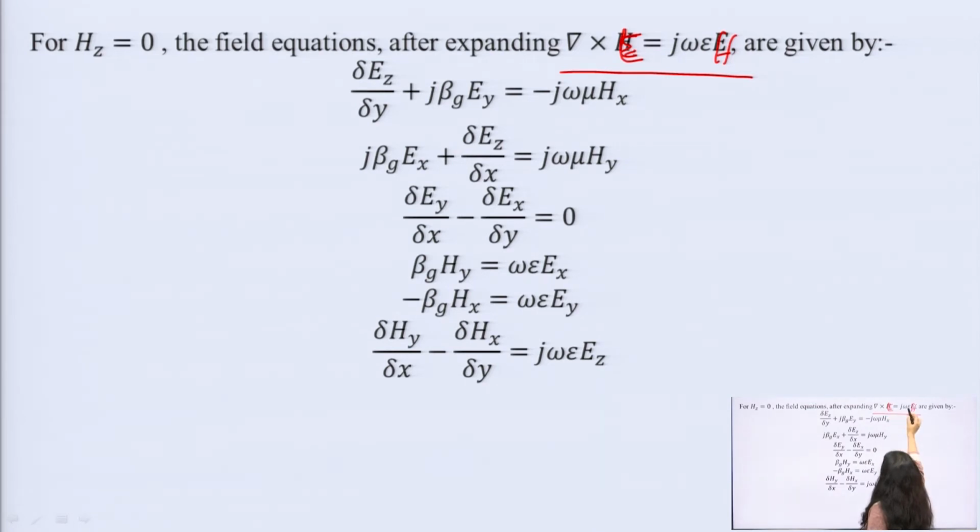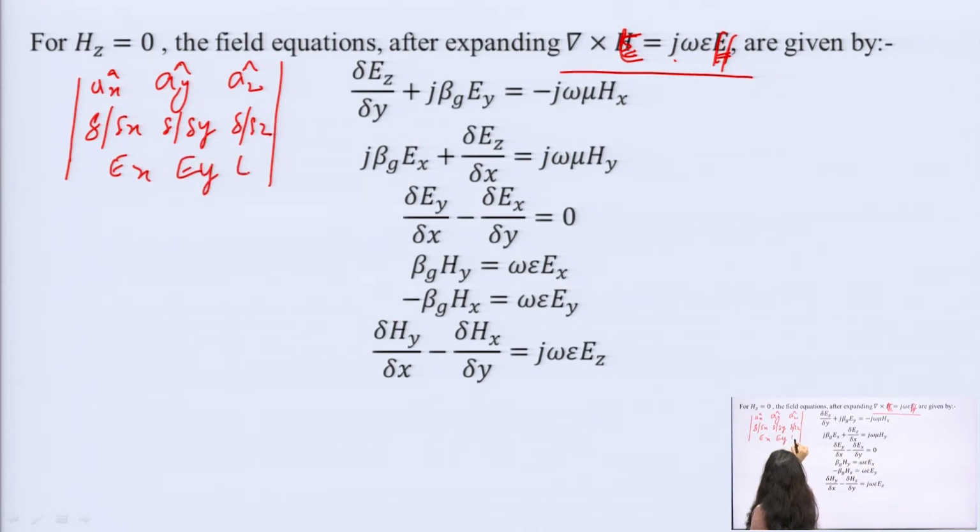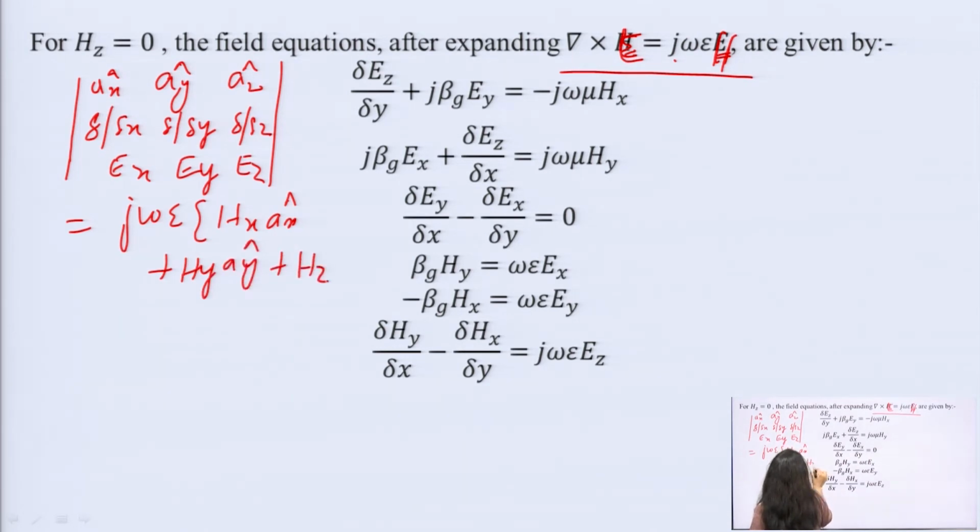Del cross E is equal to j omega mu H. When we write it with ax, ay, az, and del upon del x, del upon del y, del upon del z, Ex, Ey, Ez is equal to j omega mu (Hx ax plus Hy ay plus Hz az). For your simplicity, I am just taking the ax component.